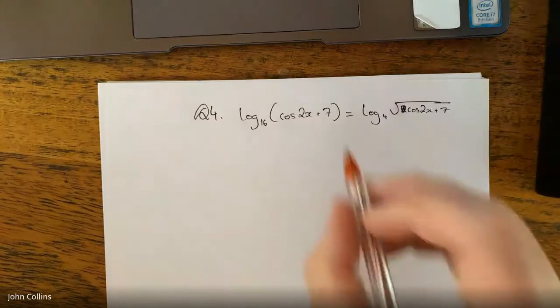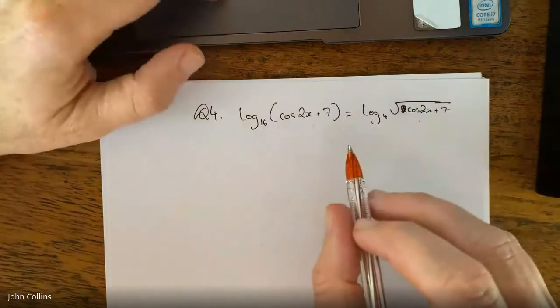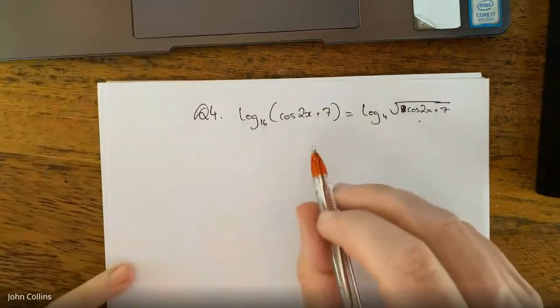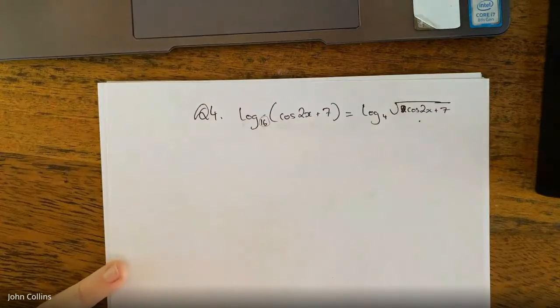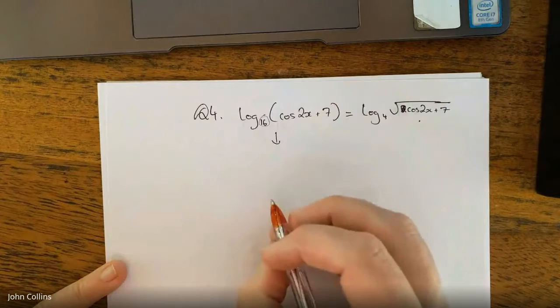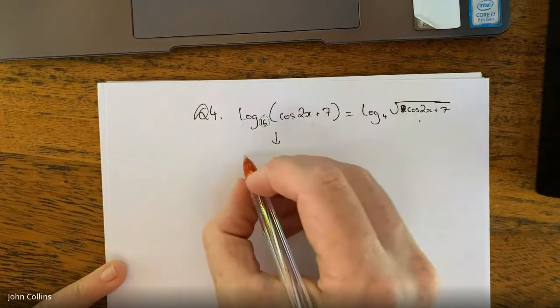All right. Okay, so I want one to look like the other. I'm going to pick the one on the left to look like the one on the right because I know I can break up 16 into change of base, can't I? Yeah. Is that what you did, Sean? Yeah. Okay, so that's going to be log.